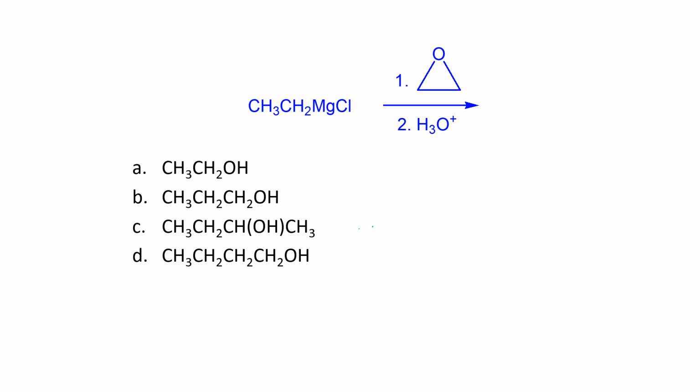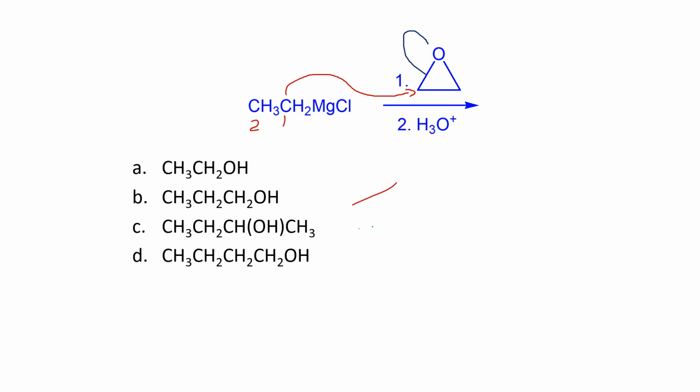So we could ask ourselves this simple question: what is the product of this reaction? And quite simply, we know that it's a coupling reaction between the Grignard and a carbon on the epoxide. And so we can simply number our carbon 1, 2. Let's represent that by this ethyl moiety. And that will attack our epoxide. Our ring will open up.